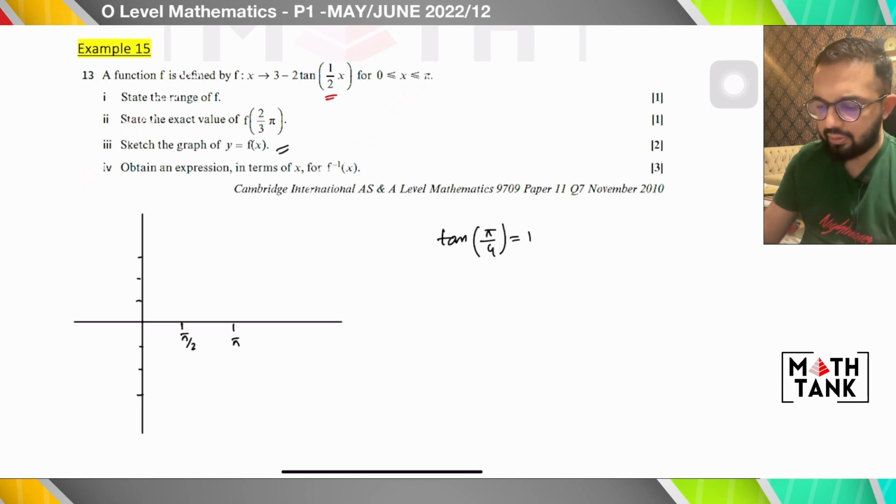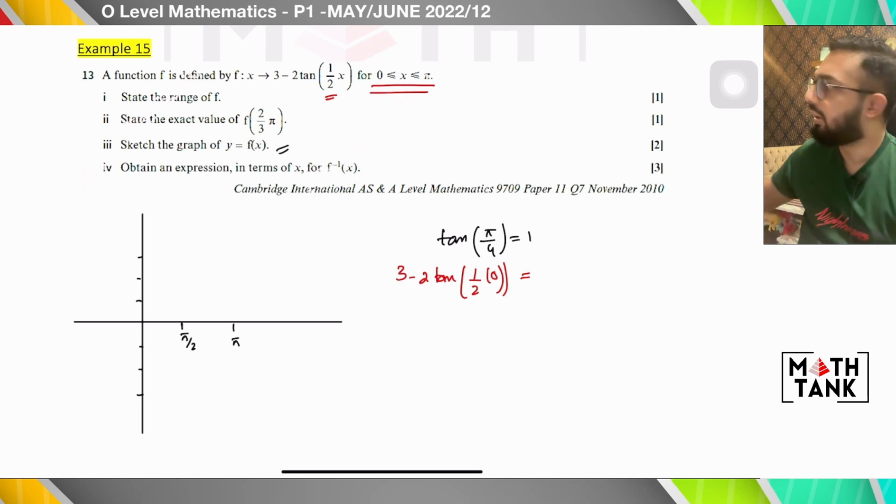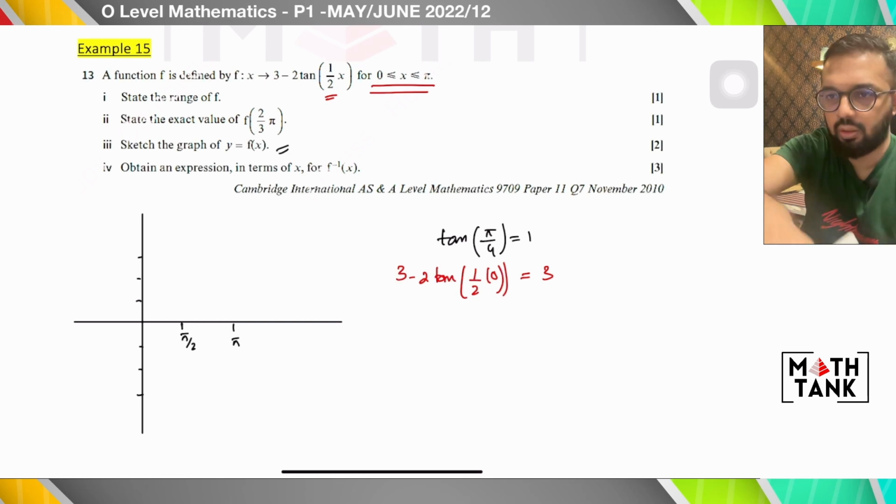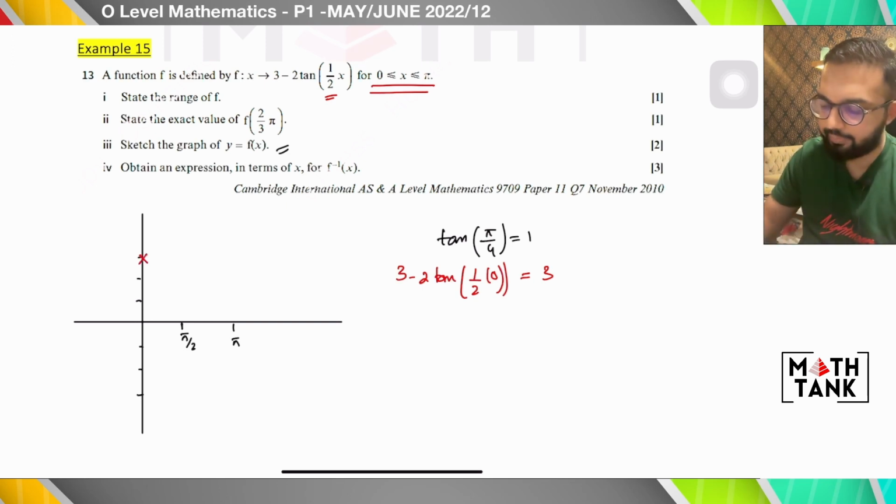So in order to sketch this tan graph, I'm going to find a lot of tan values, at least I think 4 intervals, or I think I can do it at 2 intervals. I'm going to use, say, x as 0 and see where this graph is. So I get 3. So I know that my graph will start at 3.